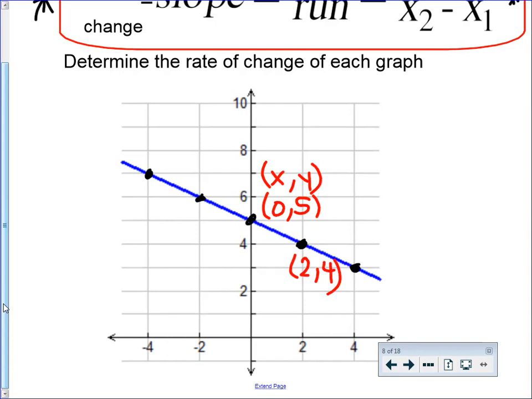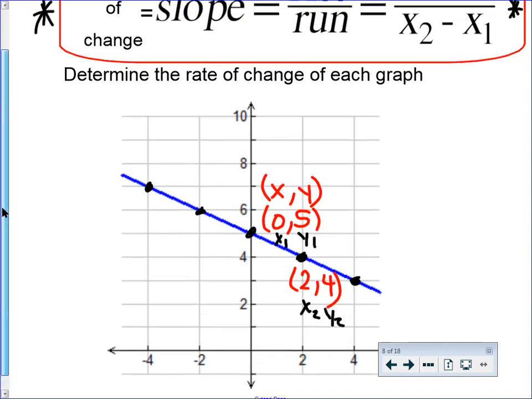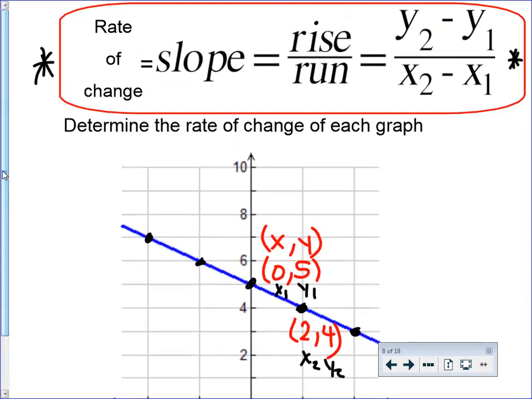So I need to figure out what my slope is. Now, you can do this by the graph, or you can do it by the equation. If you do it by the equation, label your coordinates x1, y1, x2, y2, and then take these numbers and put them into your equation.